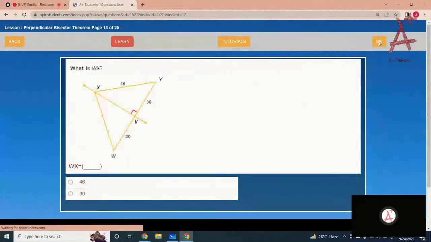Okay, the next one is, what is WX? XY is 46. Then WX, is it 30 or is it 46? It is 46. Good. Select the correct option and click on the OK button.